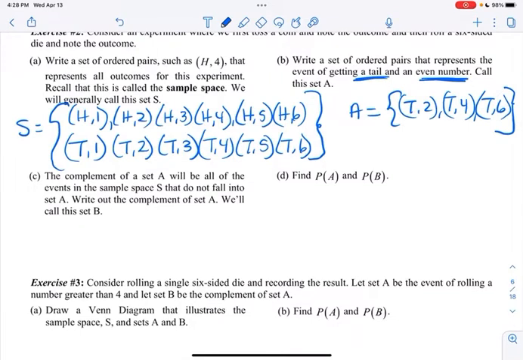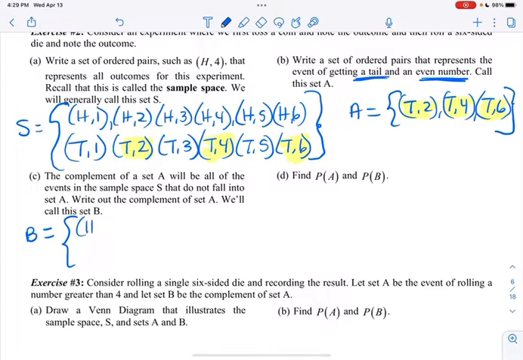The complement of set A will be all of the events in the sample space S that do not fall into set A. So I want to write the complement of set A. Basically, set A is a tail and an even number. So that's these guys. The complement of set A is going to be set B. So it's everything but that.